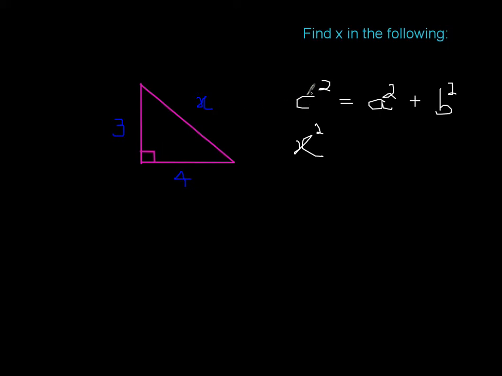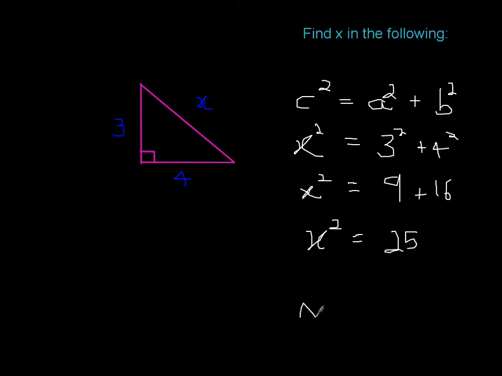You just see c here once, and you go a, which is 3 here, so 3 squared, plus b squared, which is 4 here, so 4 squared. This gives x squared equals 9 plus 16, and that gives us x squared equaling 25.